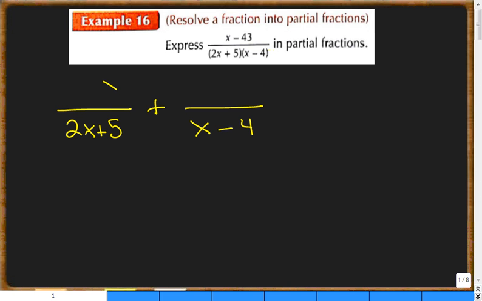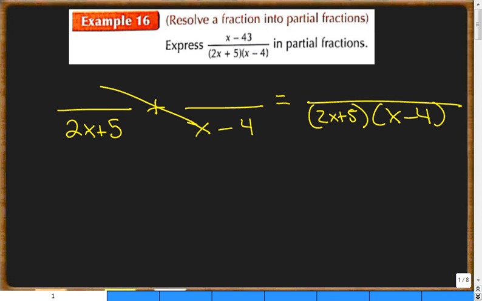Now, we're going to have some number times this, x - 4, goes right here. We're going to call this a, capital A. Then this multiplies by some other number, which will be some capital B. Notice that it's going to be a degree smaller here. And that together is going to make this x - 43.